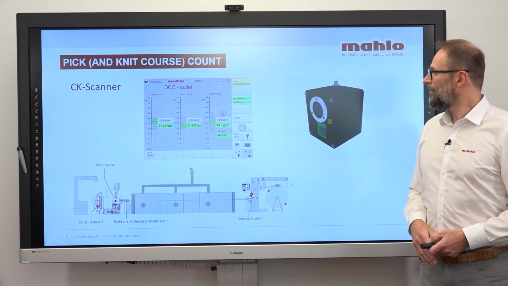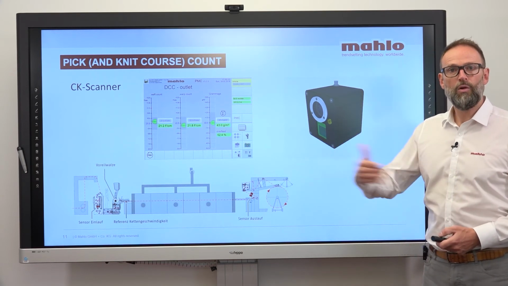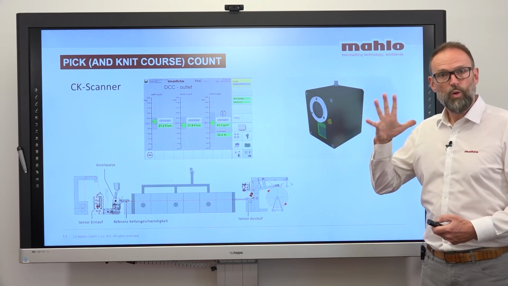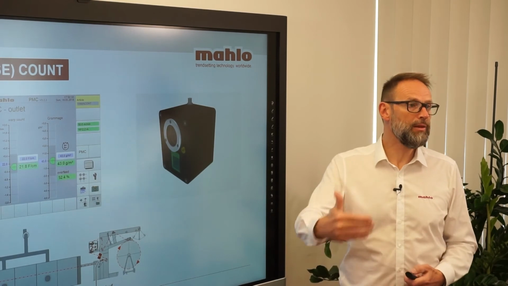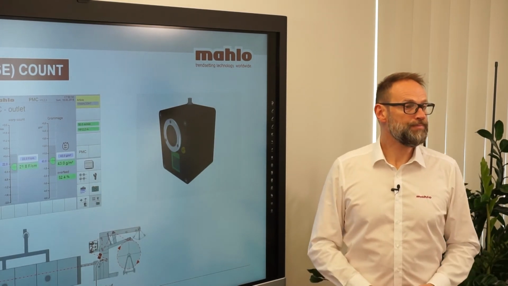And this is a very good assistance for the sales process. It is giving you an insurance that whatever you have achieved during the production process is meeting the requirements that have been discussed with your customers.